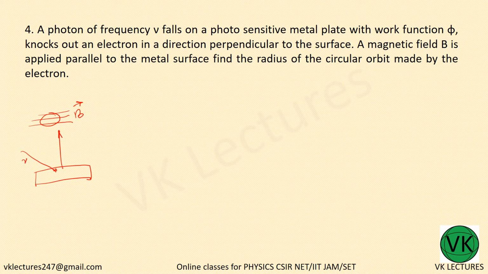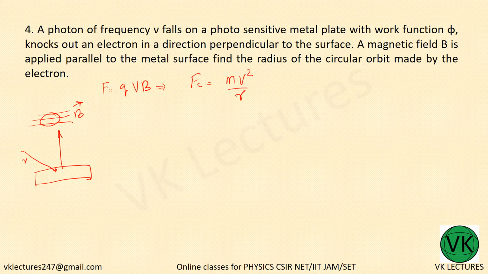So we know QVB, where Q is the charge, V is the velocity, and B is the magnetic field, is the force due to the magnetic field for a moving charge. Similarly, if it is tracing out a circular path, this force must be equal to the centripetal force, which is equal to mv square divided by r.